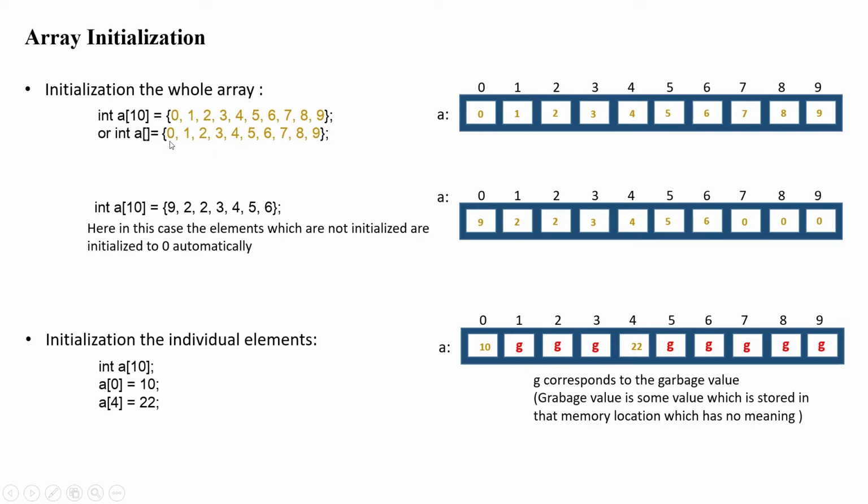The number of elements, suppose here there are 10 elements, so the array size will automatically be set to 10, and the numbers you entered here will be initialized to the array. In this case, you can also give more size to the array and initialize only, say, 5 or 6 elements. Both work fine. After executing these statements, your array will look like this.